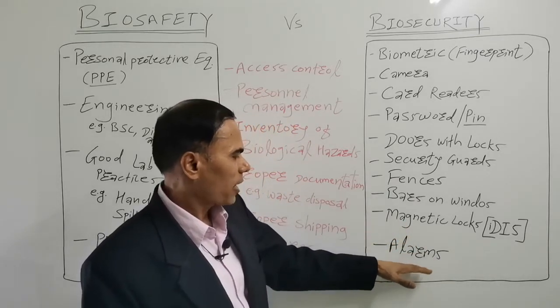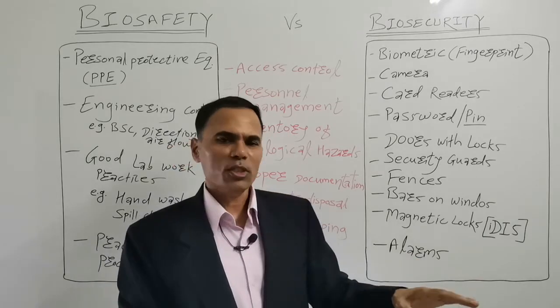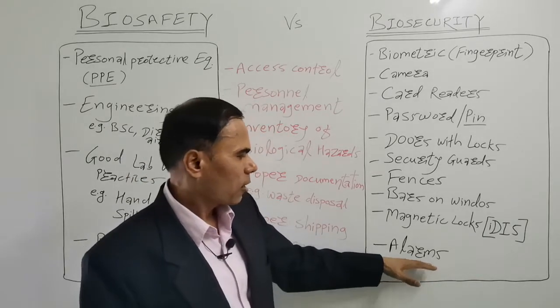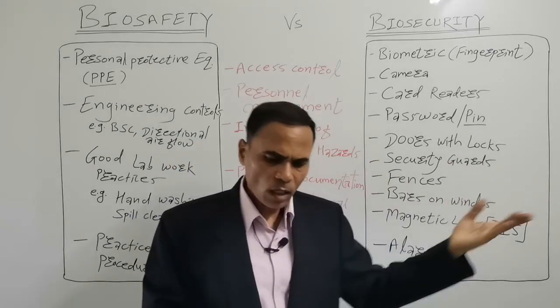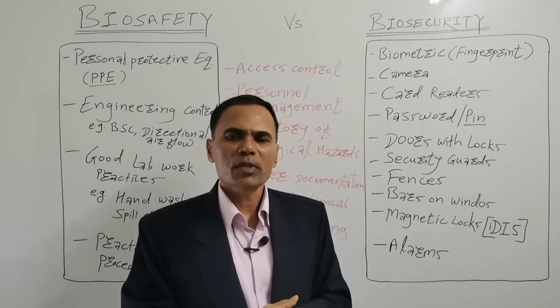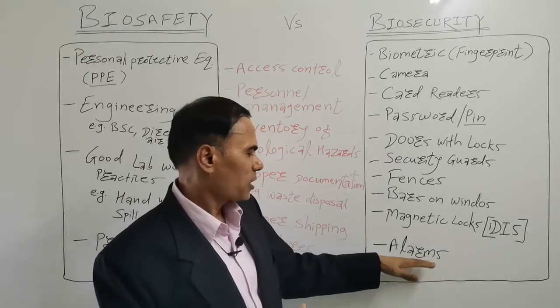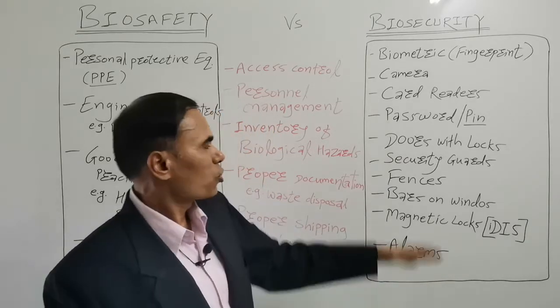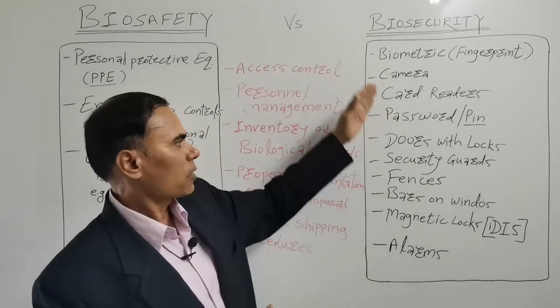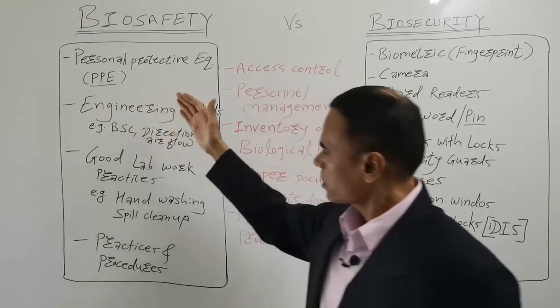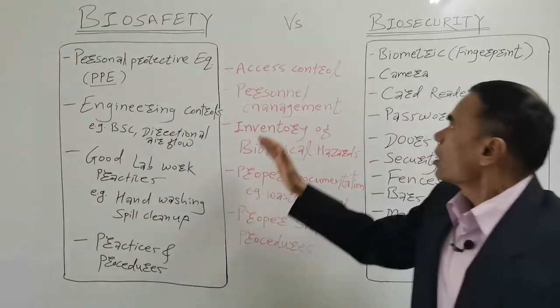And in addition to that, a security alarm system, to alert the people who are working there, or the security guard, by using the security alarms. So these are the biosecurity specific features, and these are the biosafety specific features.